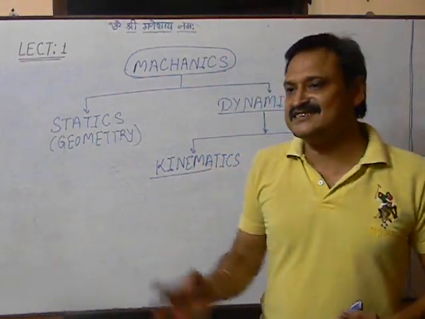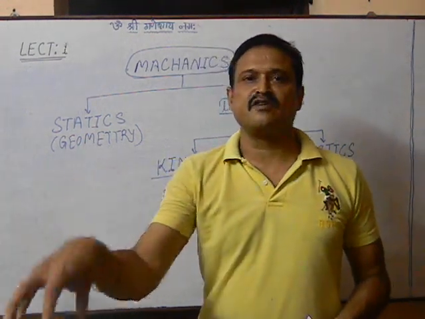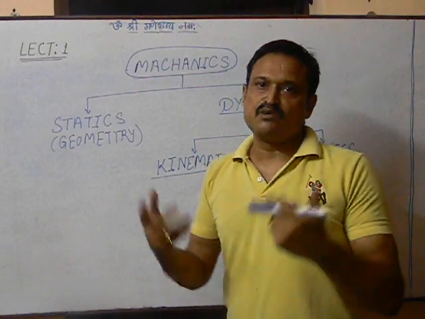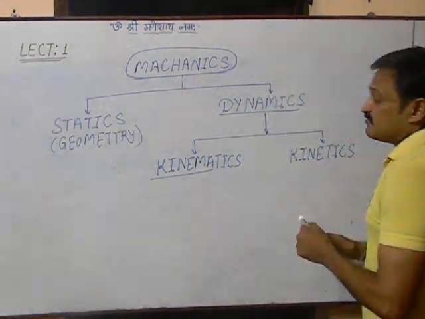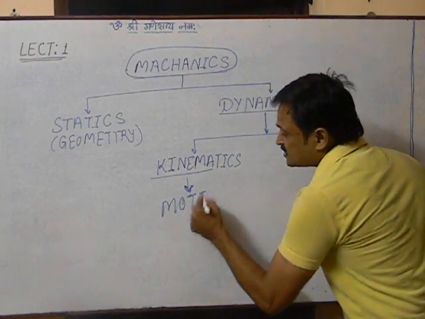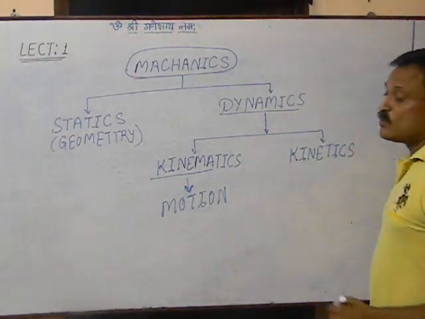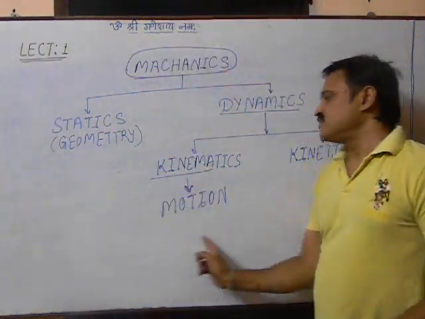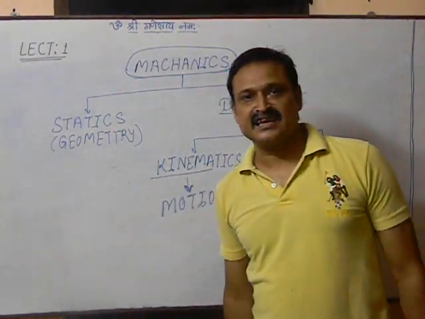My concern is the locations only. I have to pick from one place and place it on the other place. So I am least bothered about what forces are required. When I am trying to understand only motion, that area of study is called kinematics.